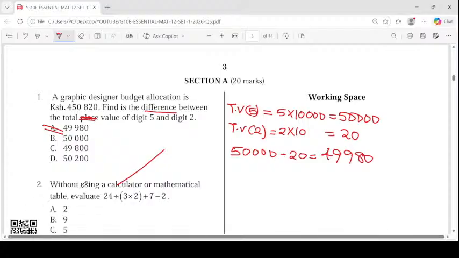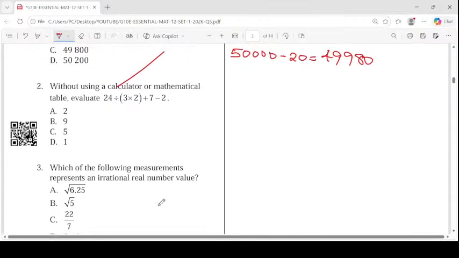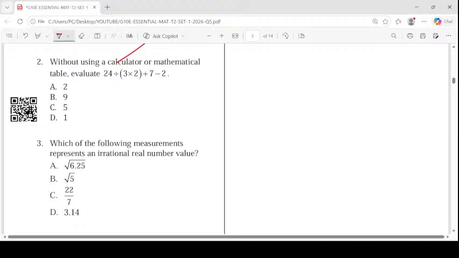Allow me to go to question number 2. We are now moving to question number 2, ladies and gentlemen. Without using a calculator or a mathematical table, evaluate 24 divided by 3 multiplied by 2 plus 7 minus 2.